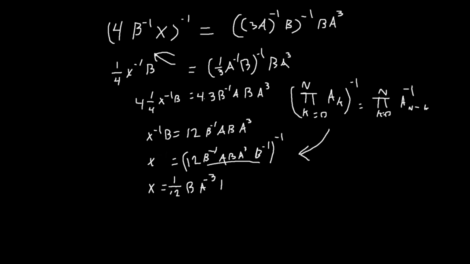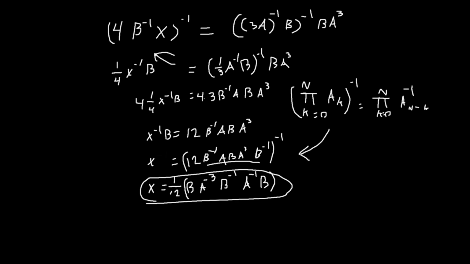And then the b is in the middle, but we invert it, we invert the a again, and then we just take the positive b. All of a sudden, we get an answer like this, and it doesn't really look great, but this is our solution. x is equal to 1 over 12, b, a to the minus 3, b inverse, a inverse, b.